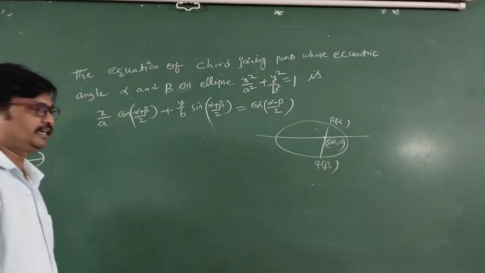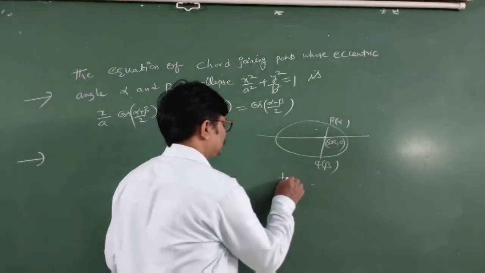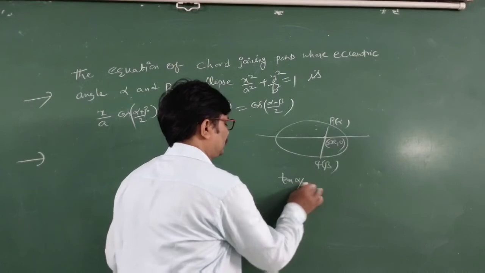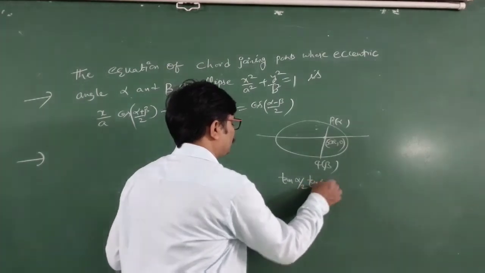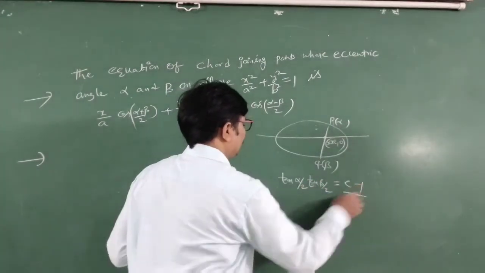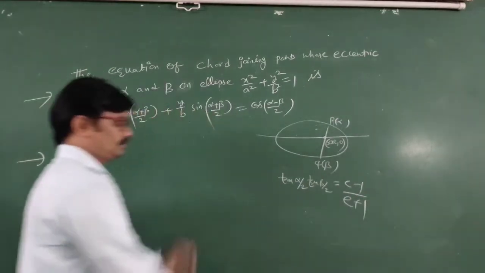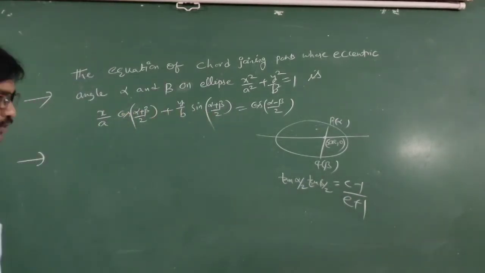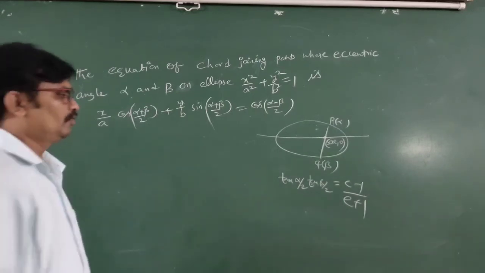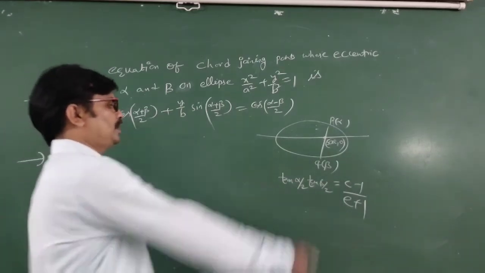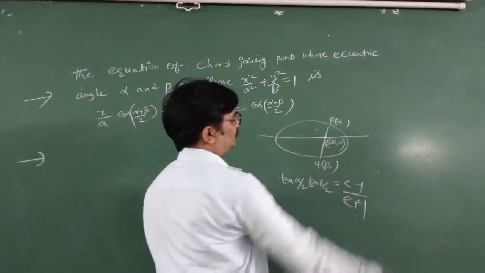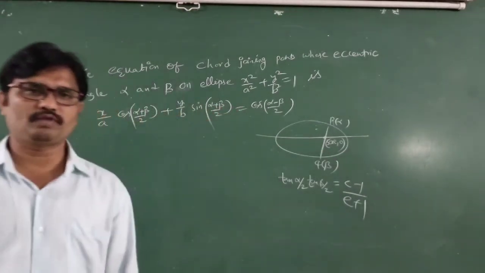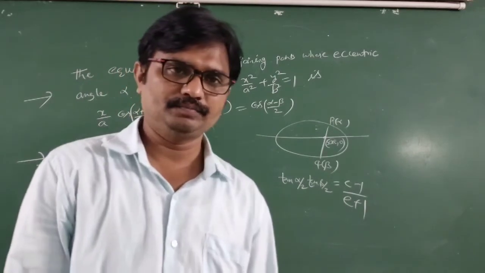If it is a focal chord, tan alpha by 2 into tan beta by 2 is e minus 1 by e plus 1. Yes or no? Suppose it is passing through minus ae, undoubtedly that is e plus 1 by e minus 1.